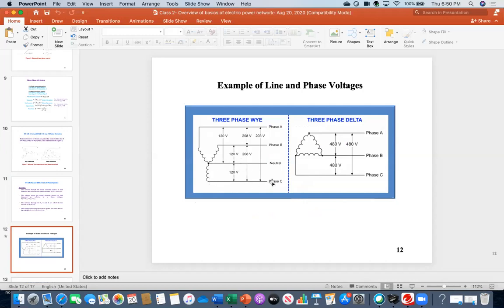Neutral and phase, 120. But once I measure the voltage between any two lines, I get 208. And if you have a calculator, you see 208 is √3 times 120.